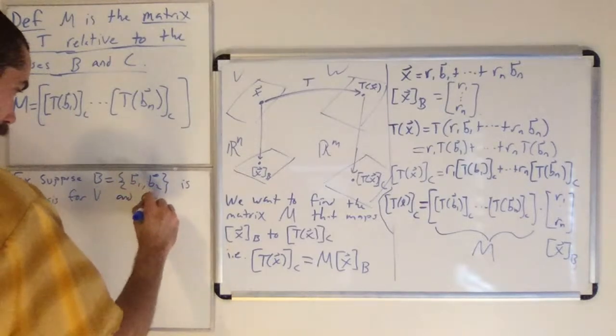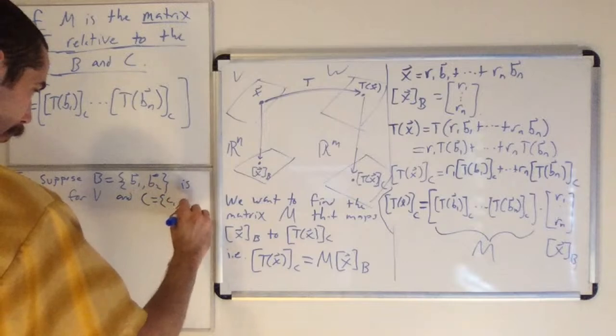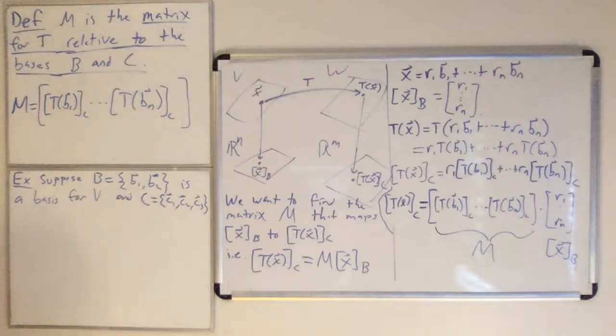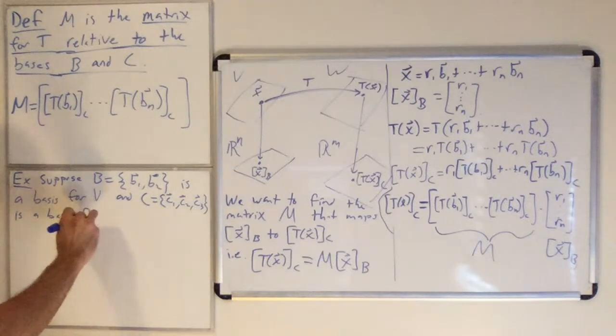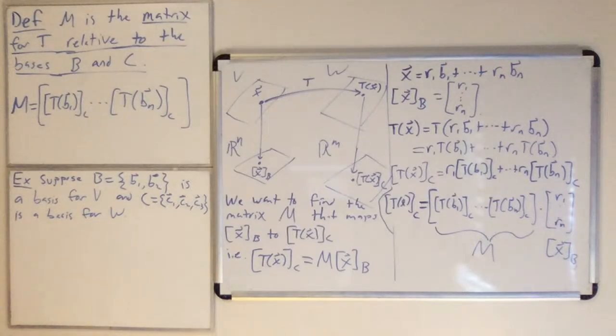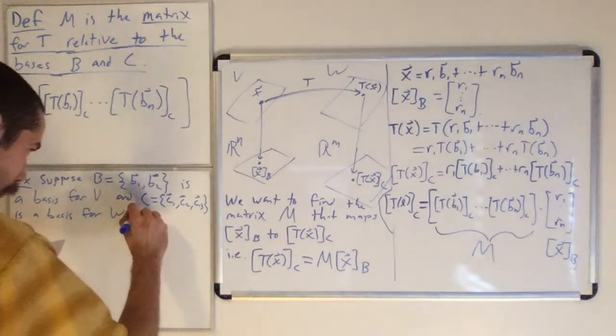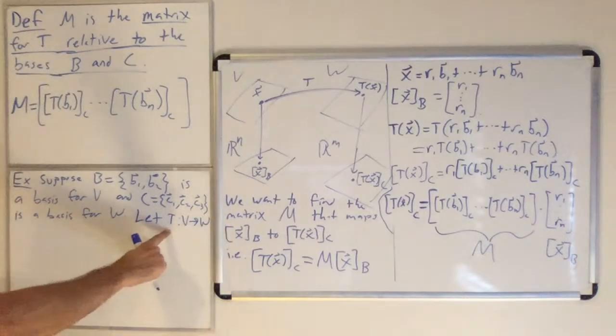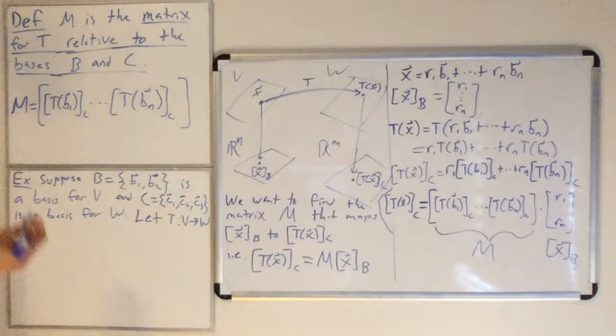And C, which has 3 elements, is a basis for W. Okay, so we have a 2-dimensional vector space and we have a 3-dimensional vector space. We'll have T, which maps V to W, be a linear transformation.